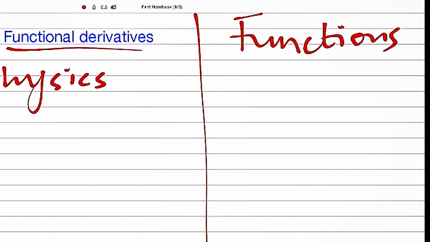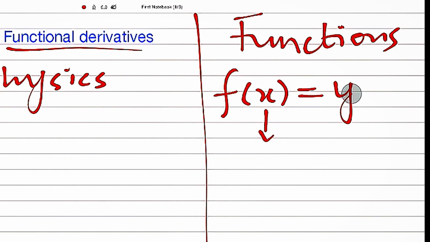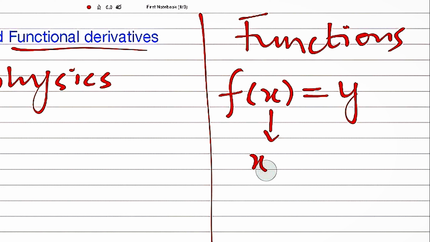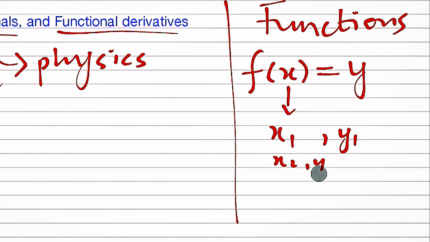For example, we have a mapping from a variable called x, the independent variable, to a y variable. So a point x1 defines a corresponding point y1, x2 gives y2, and we can form all of the ordered pairs.